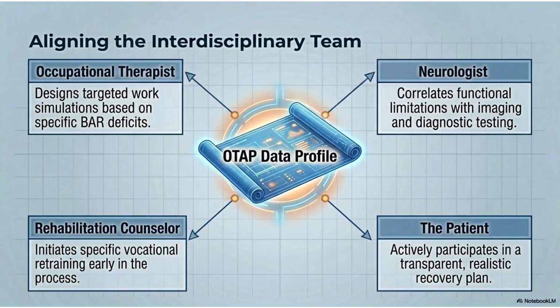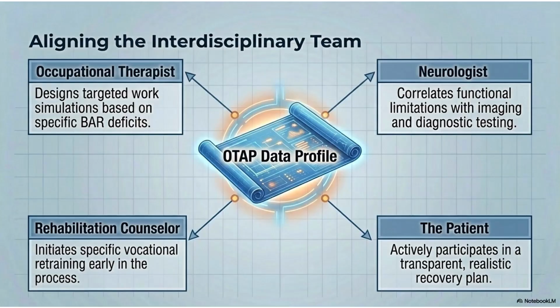It allows the rehabilitation counselor to initiate specific vocational retraining early in the process and to develop a transitional return to work plan. Crucially, it allows Joanna and her family to actively participate in a transparent, realistic recovery plan.